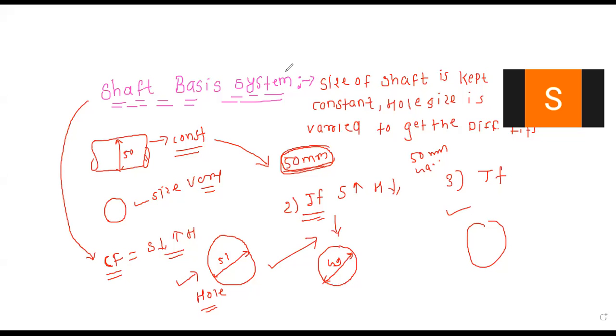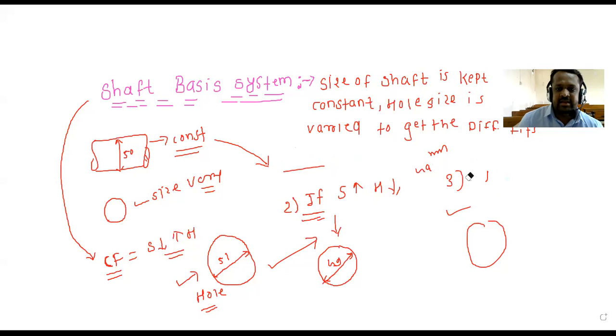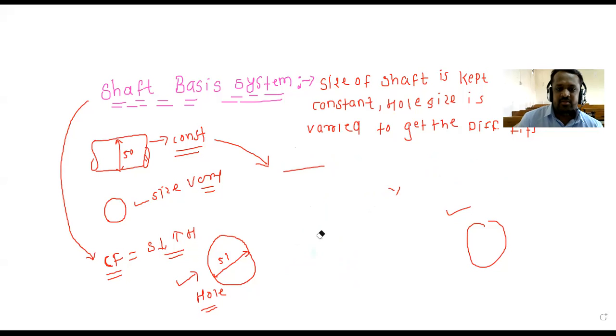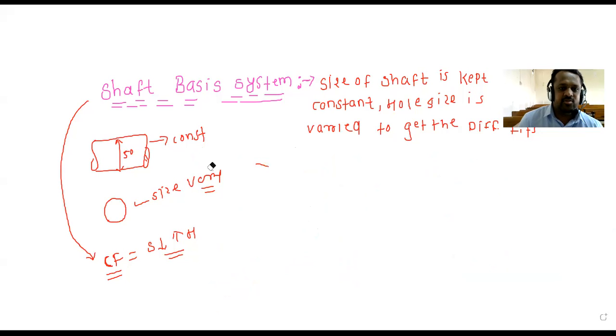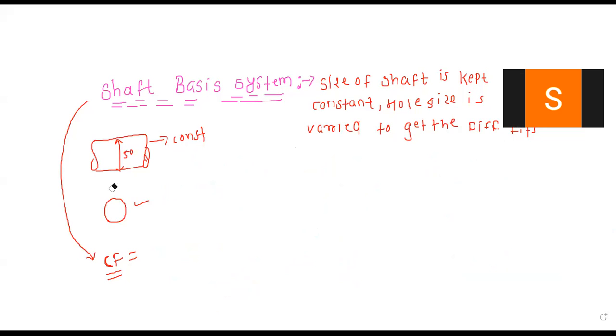Again, an important point remains regarding the shaft basis system. What is the important point? Which point should be there? Upper deviation of shaft should be 0.